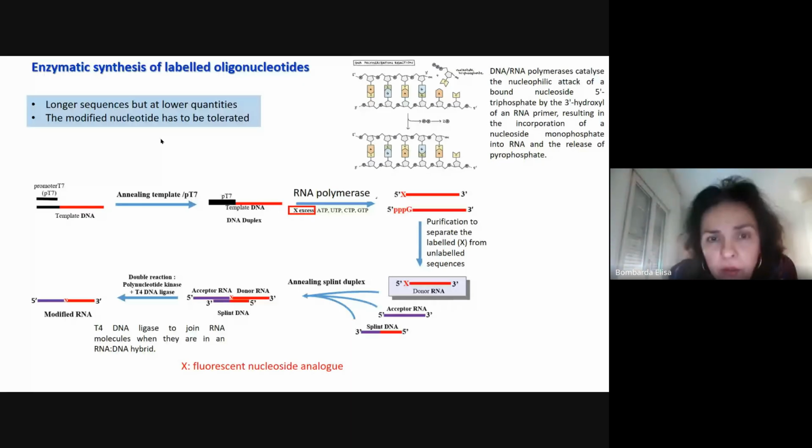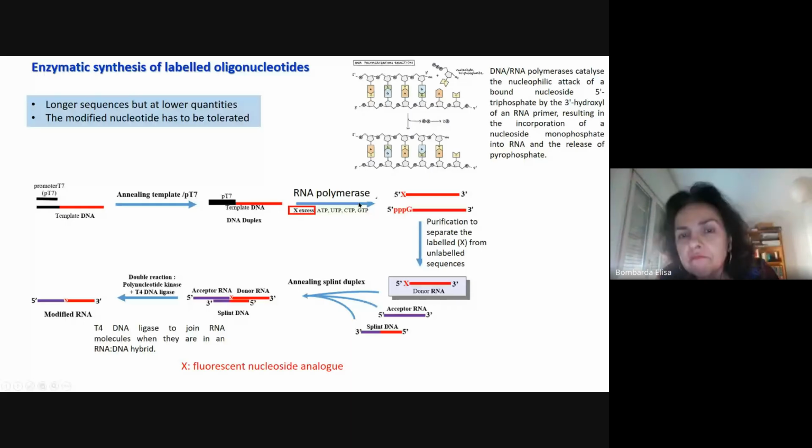But this method produces lower quantities. Anyway, these are also the steps. So practically we use the machinery of the cell to produce our nucleotide sequence. So here is an example for RNA, but of course DNA is similar.